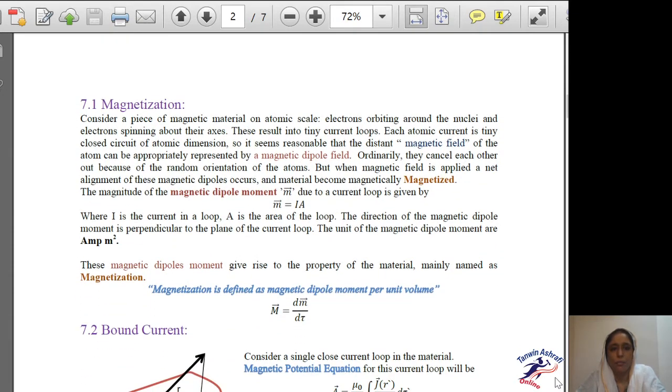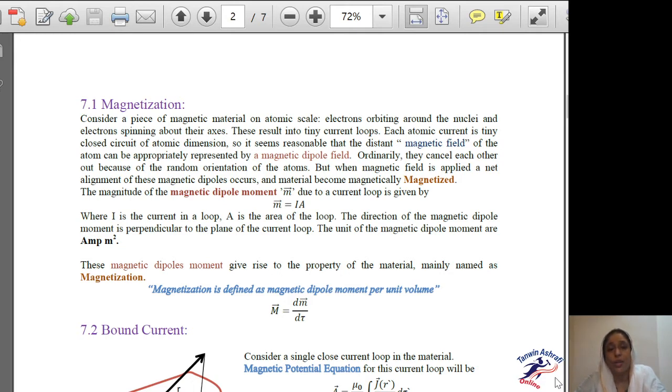First topic, magnetization. Consider a piece of magnetic material on atomic scale. Electrons orbiting around the nucleus and electrons spinning around their axis. These result in tiny current loops. Each atomic current is a tiny closed circuit of atomic dimension.